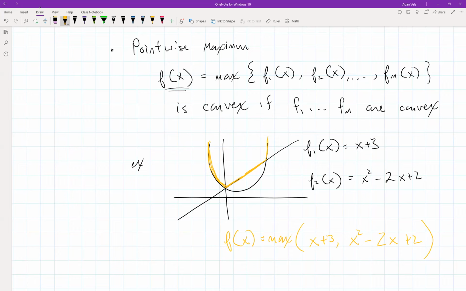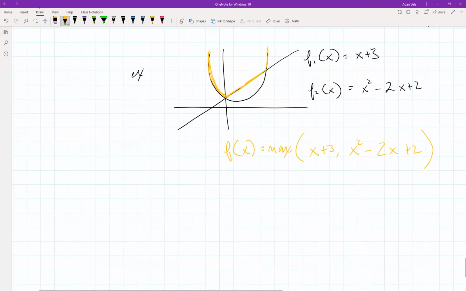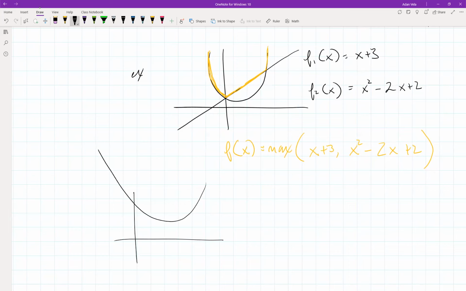Right? So again, we're going to use this in order to approximate. So this is the property that lets us approximate. Let's say here we have this convex function. Right? Cplex might not let us represent it because we can't type in the equation. And we'll go into why a little bit later. But one thing that we can do is we can say, well, let's take a whole bunch of tangent points and draw tangent lines. Right?